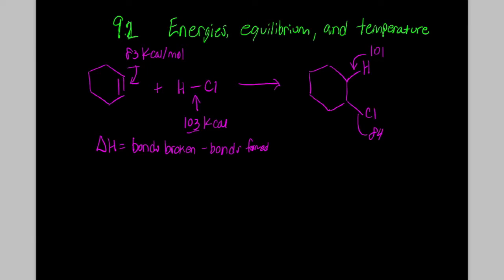I'm sorry, that should have been a 63, not an 83. So the sum of the bonds broken here is 166 kilocalories per mole, and the sum of the bonds formed is 185. You can see how this number is going to be negative.